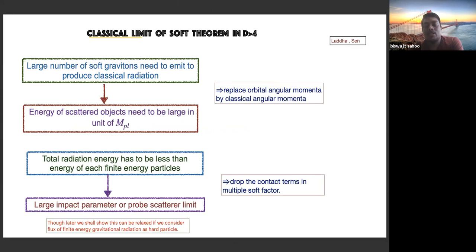For that you have to start with the multiple soft graviton theorem, and we also have that result. For the multiple soft graviton theorem we take the limit where a large number of gravitons are emitted, and if you demand that, it turns out that the scattered objects have to have mass which is large in units of Planck mass. You also want the gravitational wave frequency to be small, so the total radiation energy has to be less than the energy of the finite energy particles.